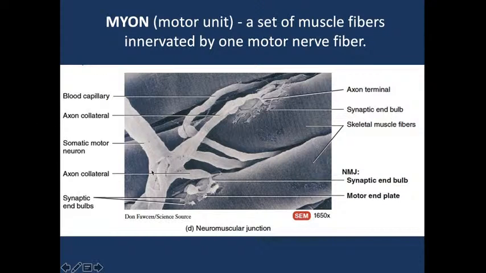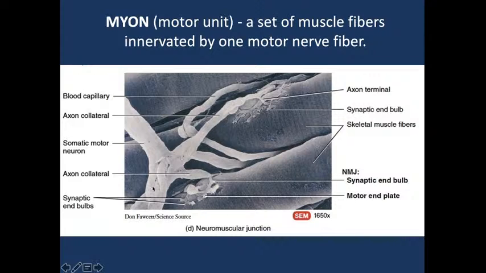Each neuron has a thread-like axon that extends from the brain or spinal cord to a group of skeletal muscle fibers, and this is called a myon.